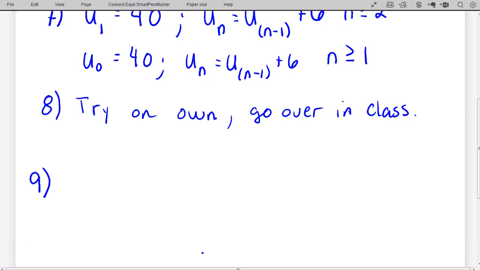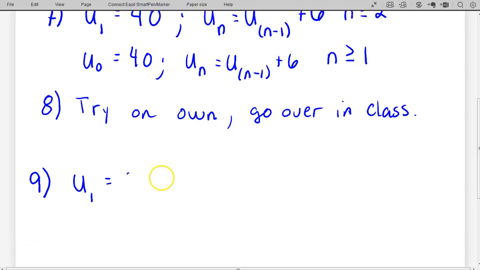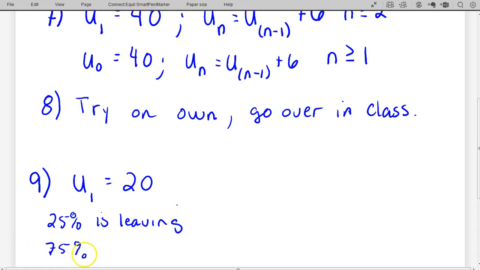So, what did I do? U sub 1 is, how much did he take? 20. Right? And then if we want to know how much is left in his body and 25% is leaving, then 75% is staying. Which answer do I want?